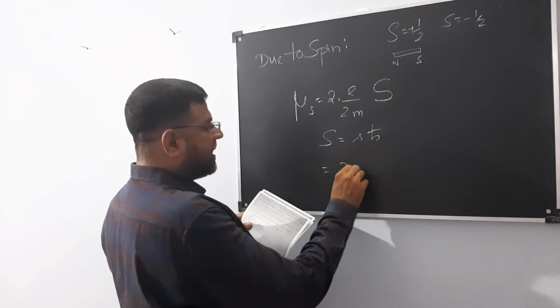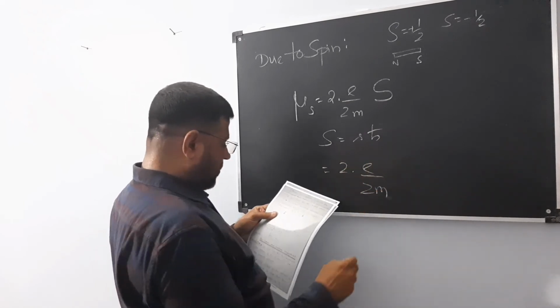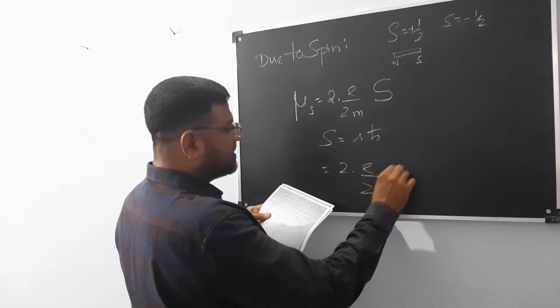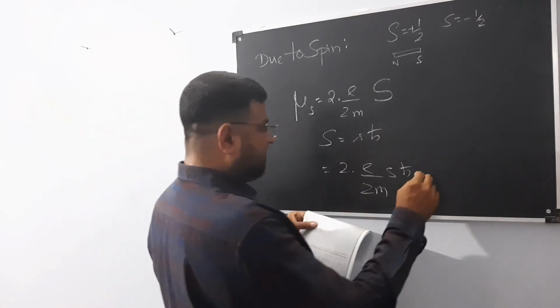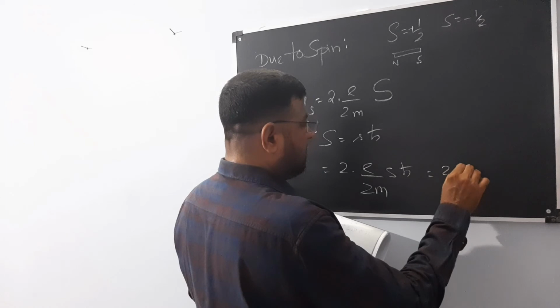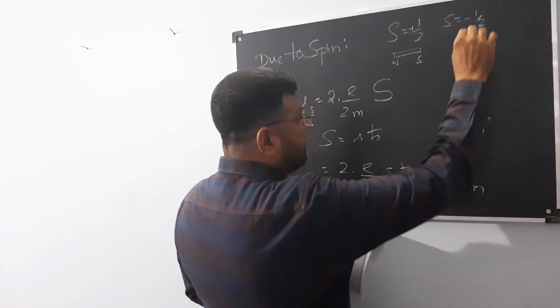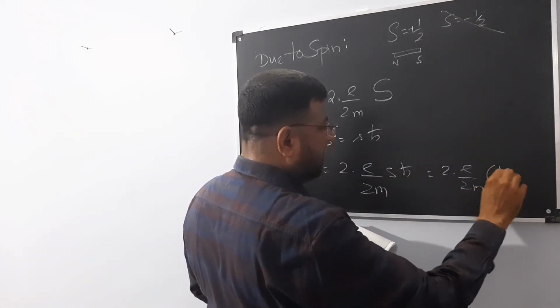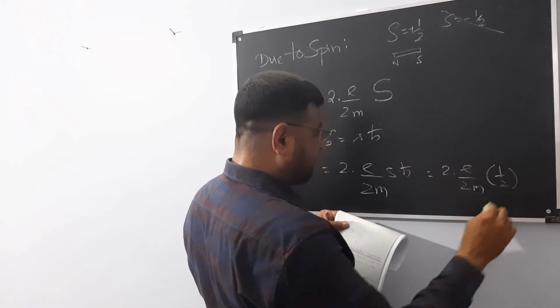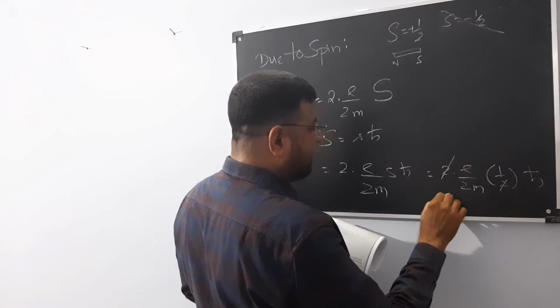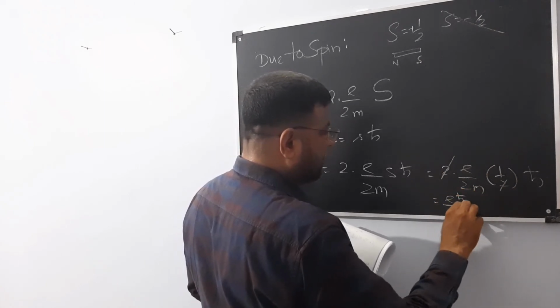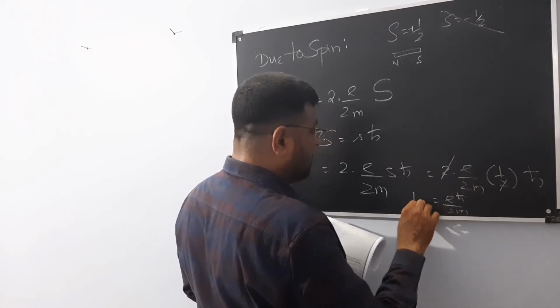Therefore, we can write this as 2 into e by 2m times s times h cross. Here the negative sign is not taken. Spin s is equal to half times h cross. So this 2 will get cancelled, and we get e h cross by 2m.